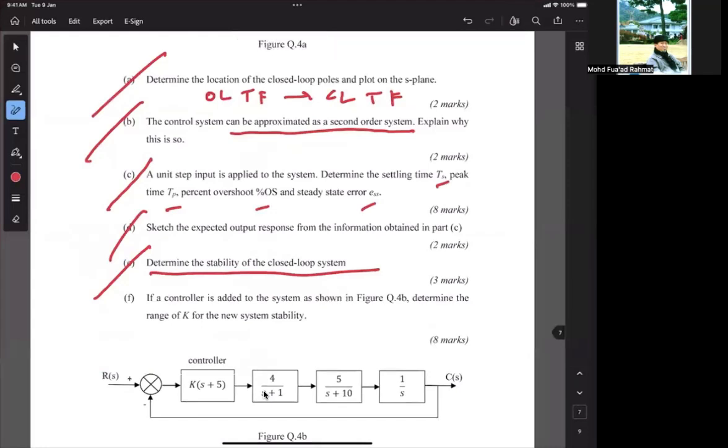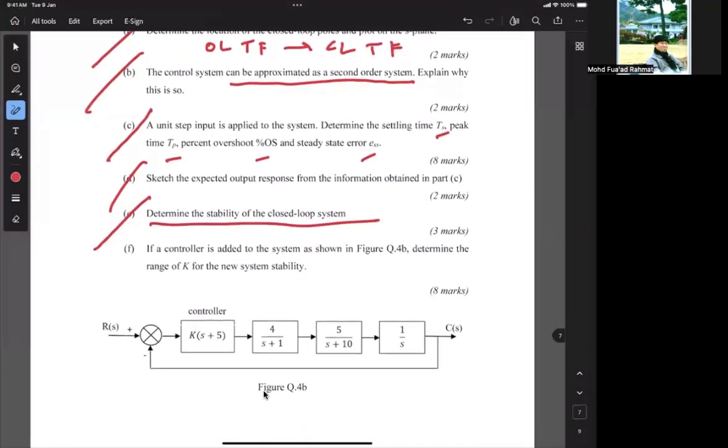If a controller is added to the system as shown in figure Q4B, determine the range of gain K for this system to be stable.